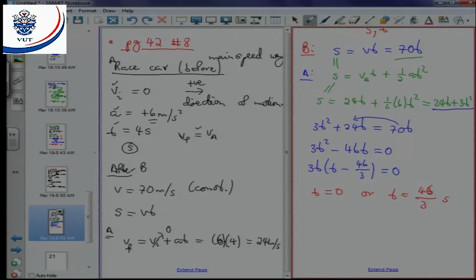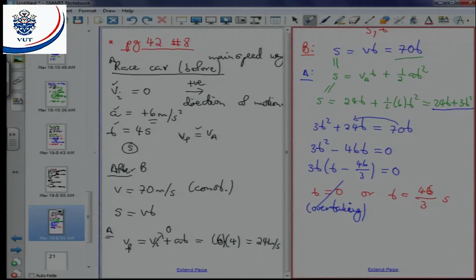Okay, so which answer is the correct one? We're looking at when they catch up. This is when overtaking takes place. So at T equals 0, that's where car A is overtaken by car B. So that's not our solution.